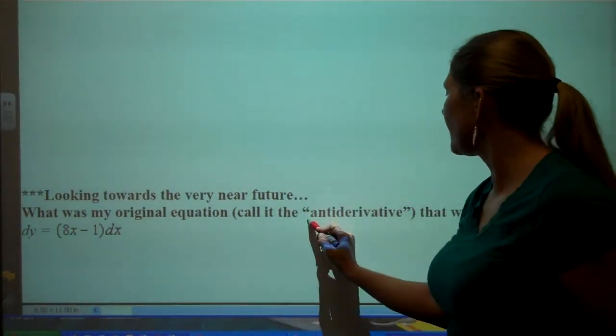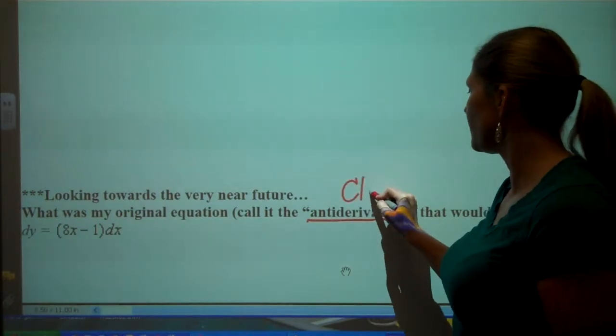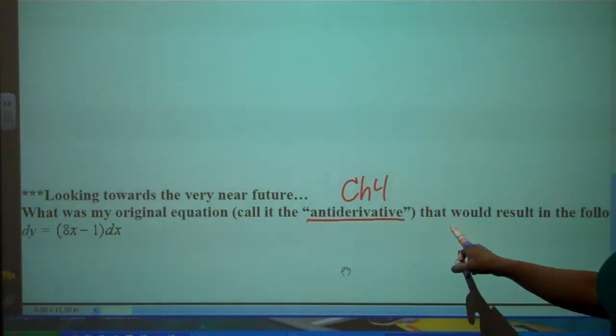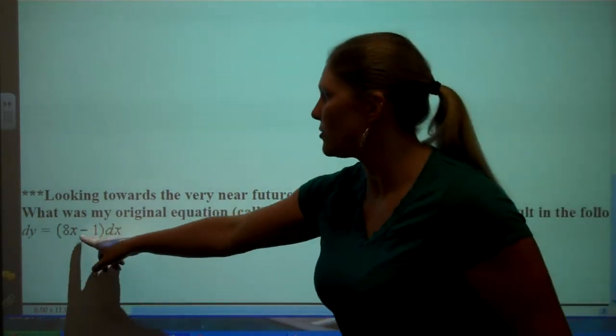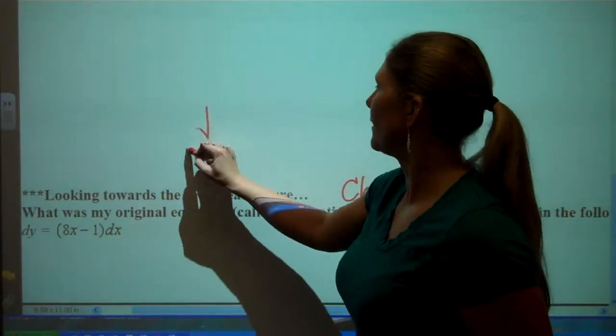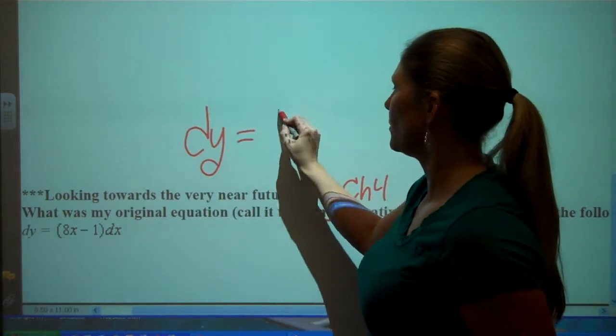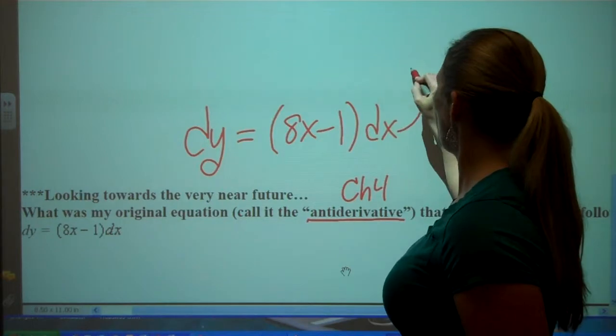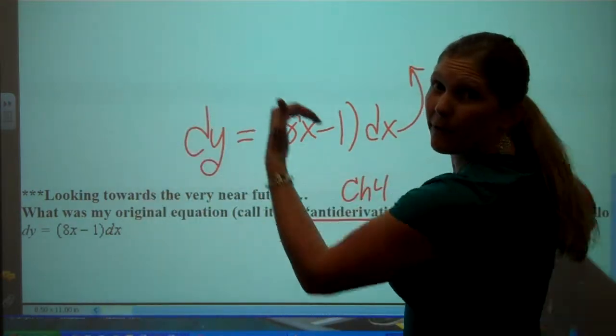Let's call this the antiderivative. That's where we're going in chapter 4. So what was my original equation that would result in the following differentials? If I had dy equals 8x minus 1 dx, I want to know what was the step before that.